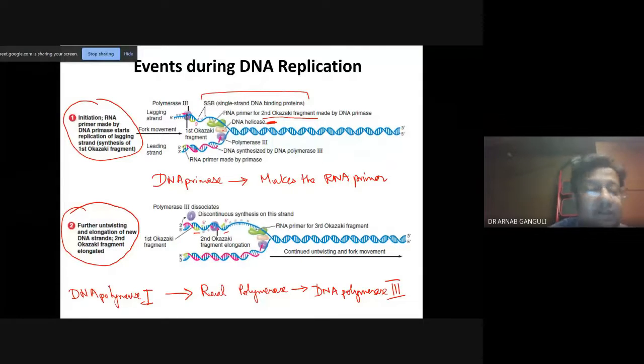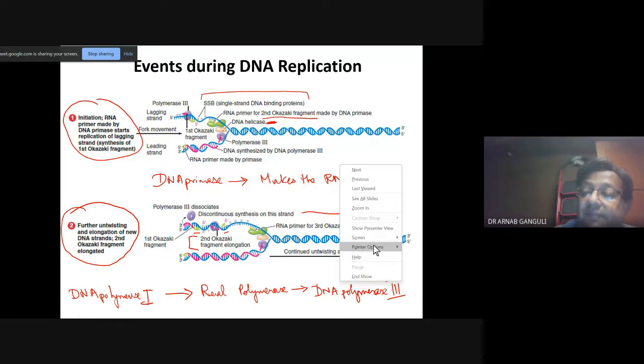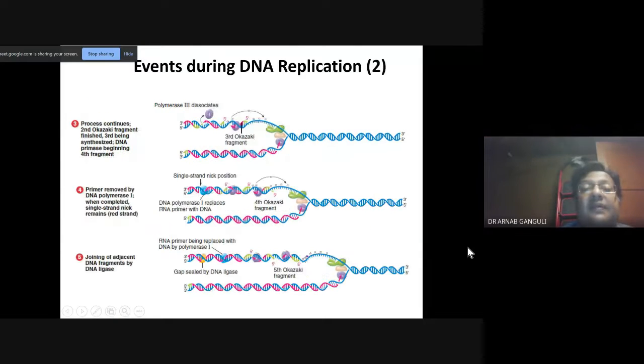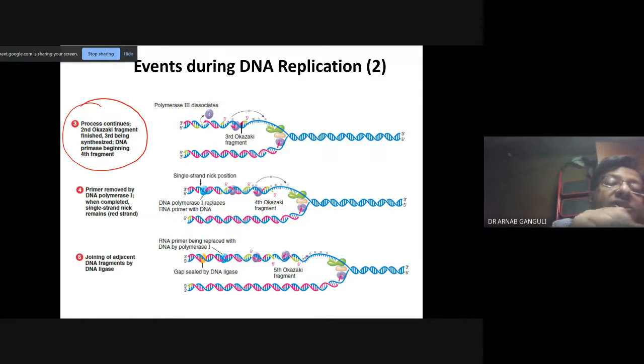The same thing. Second Okazaki fragments are done, and this is being elongated. Continuously, this goes along the DNA strand. Then the polymerase dissociates. The process continues.